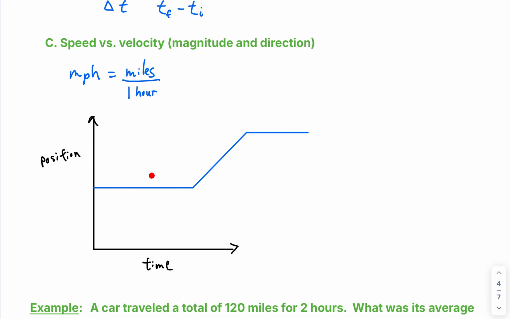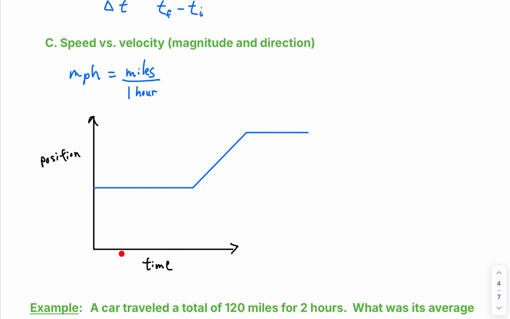So I was at a current position, nothing happened, I'm staying still, and as soon as I hit this time, my position changes. And then once I hit this part here, this time, I now have stopped, and now I'm not moving anymore.